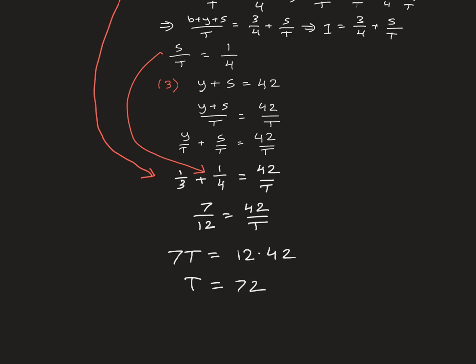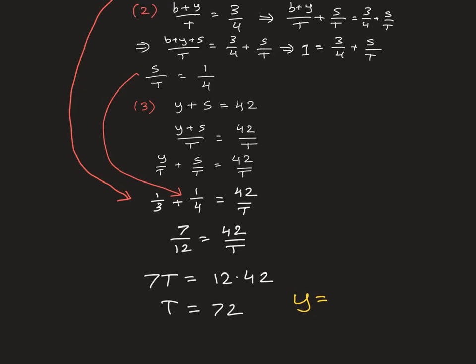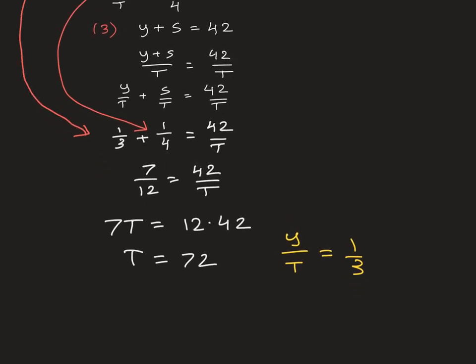So that means there's 72 total tokens, and we already know that Y over T equals 1/3, and S over T equals 1/4.